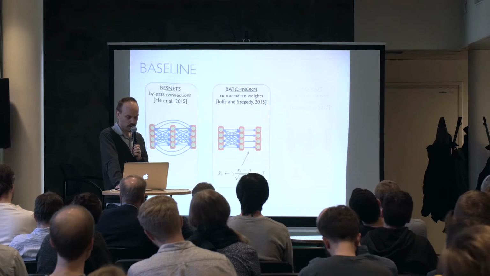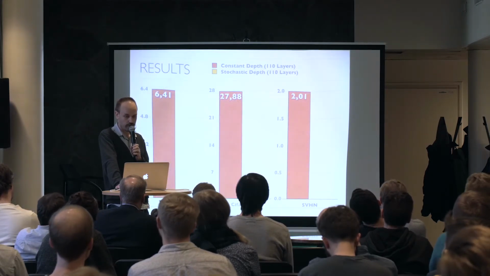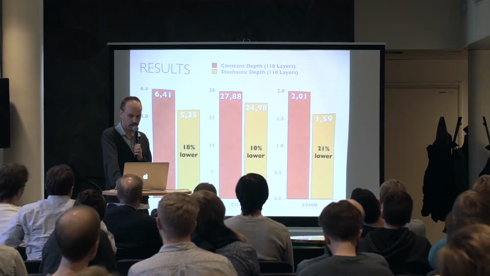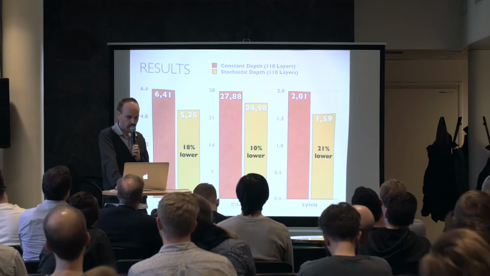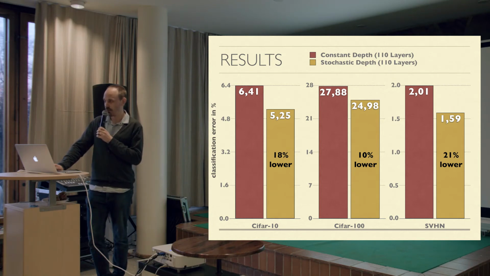So built on top of these, if you look at how it works compared to the original ResNet, it's better. But what we can do with the stochastic depth is make the network even deeper.